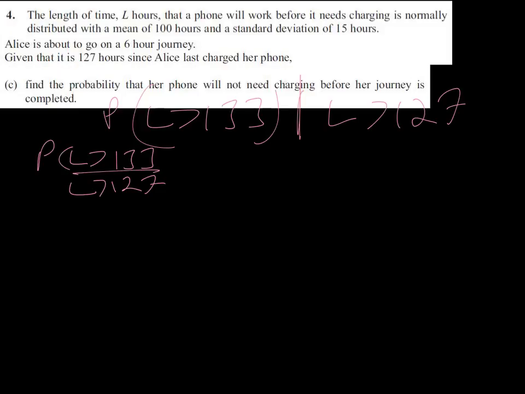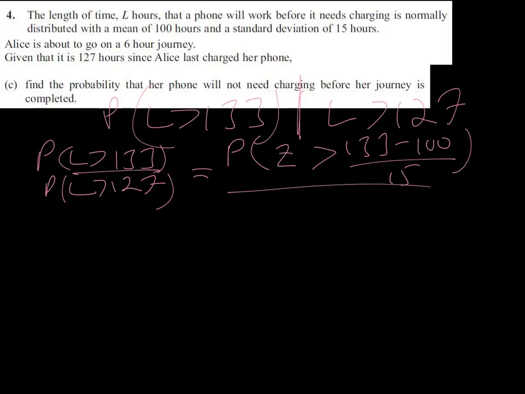The probability that L is greater than 133, if we standardize that, will be the same as the probability that Z is greater than (133 minus 100) over 15, divided by the probability that Z is greater than (127 minus 100) over 15.